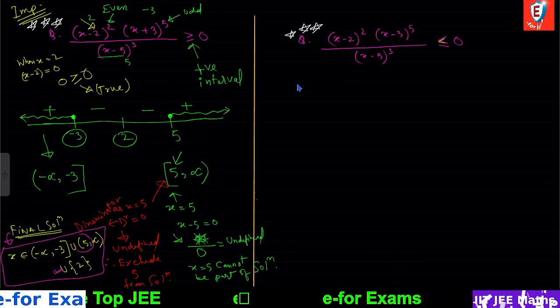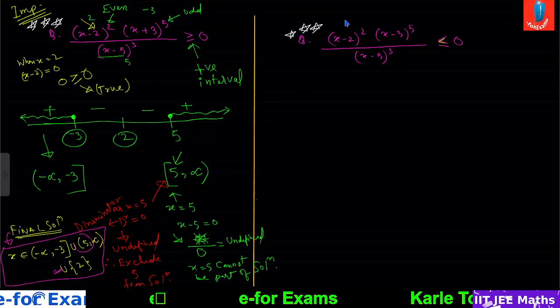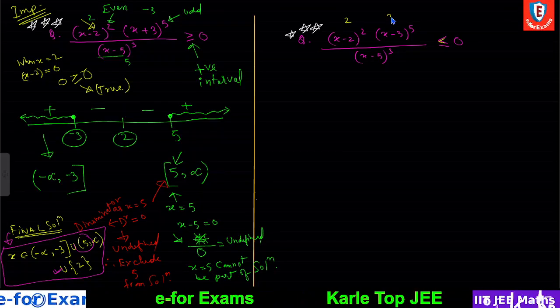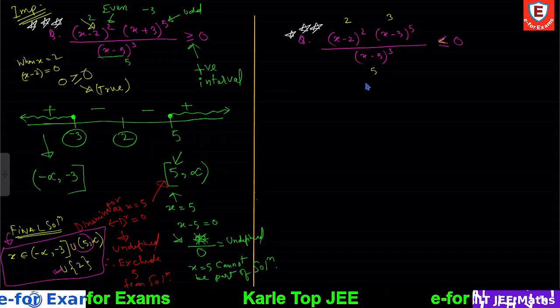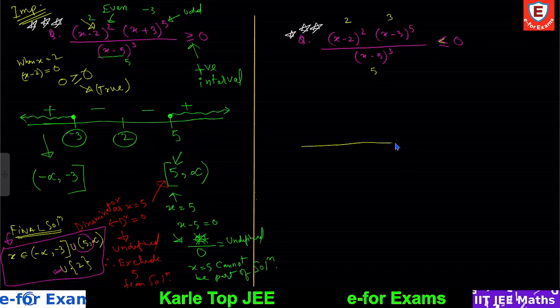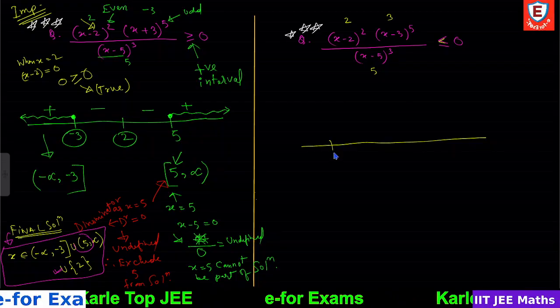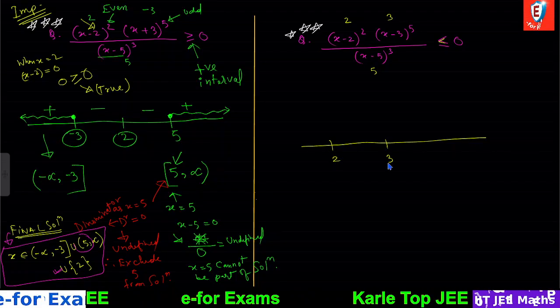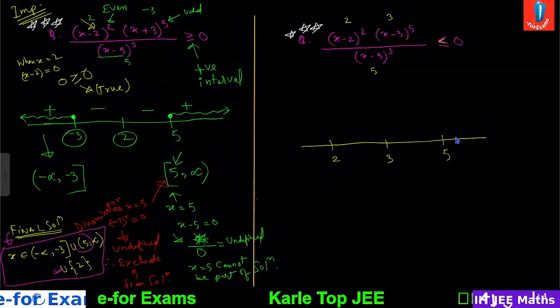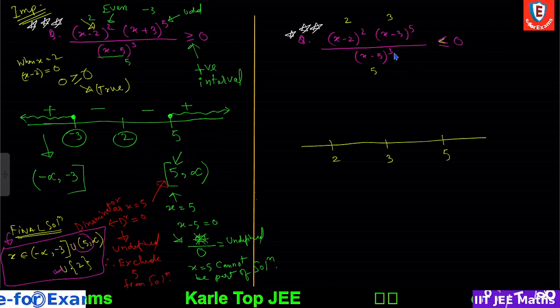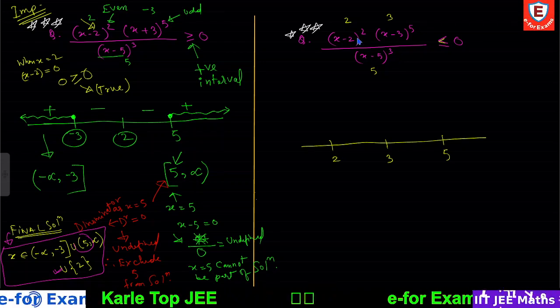See here, from this the solution is 2, from here it is 3, from here it is 5. Let's plot it. The smallest one is 2, towards the right 3, then 5. Look at the degrees: 3, 5 and 2.